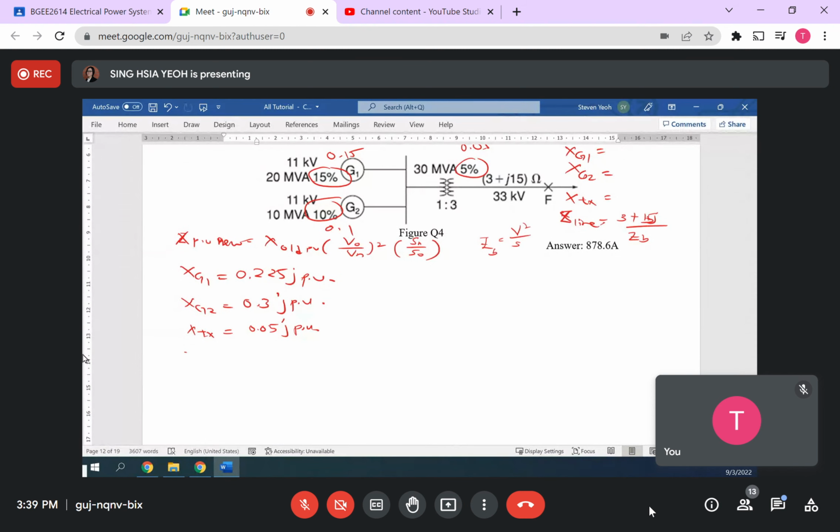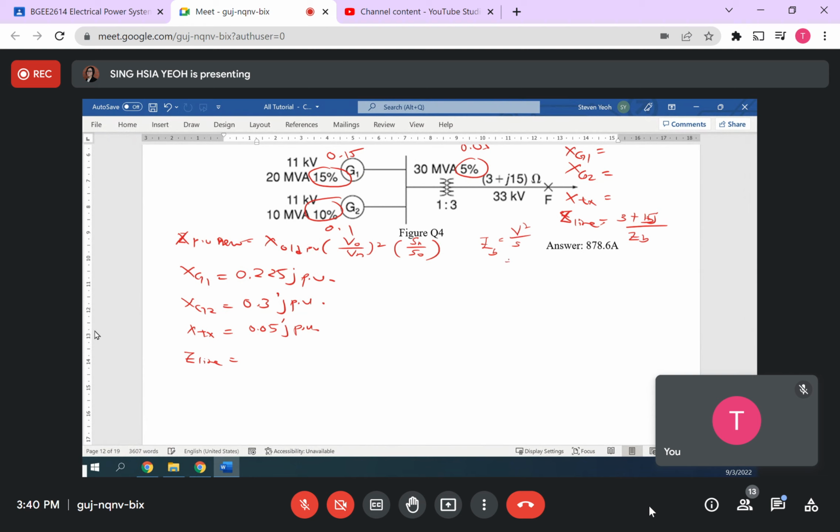And Z line. Yingxuan, can you get it? Wei San, can you get it? Kiwoon? What's your Z line value? Anyone? Can you get it?